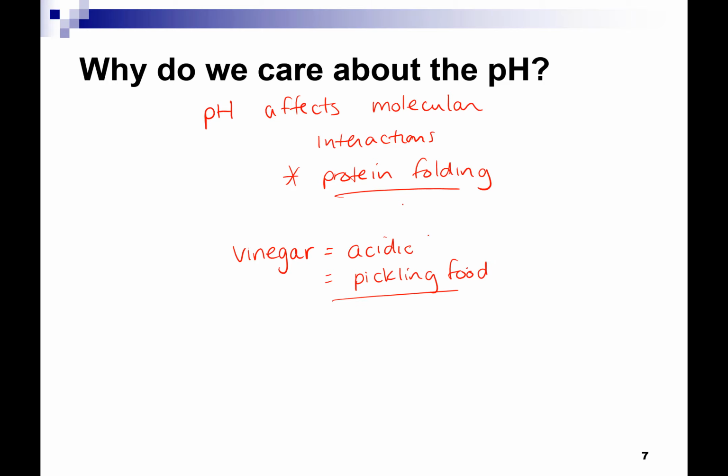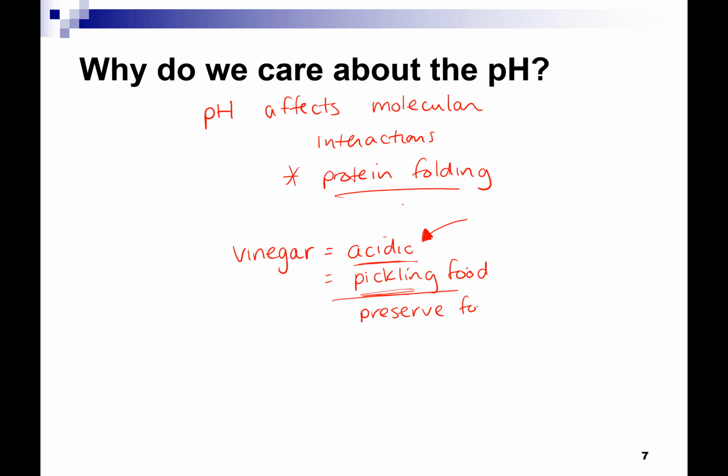And what it's doing is it's reducing the pH so much that proteins start to denature. They start to fall apart. They don't have their function anymore. So if you happen to have some contamination, like some mold or some bacteria in your pickling, it would all be dead because it's so acidic, the proteins fall apart, and proteins are essential for cell function. And so it's a way to preserve food.